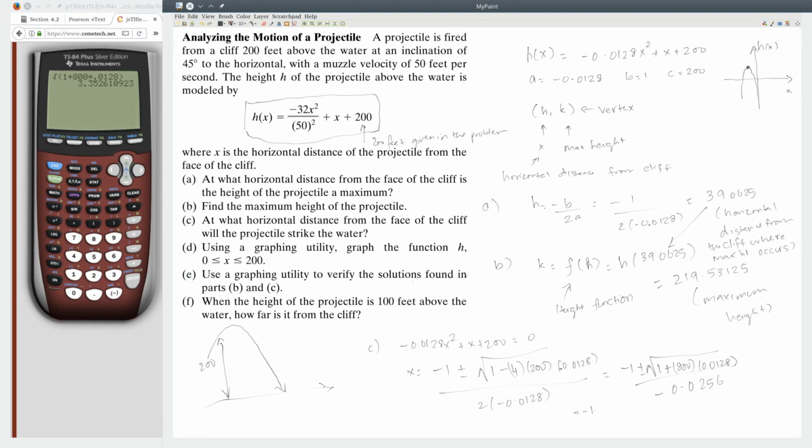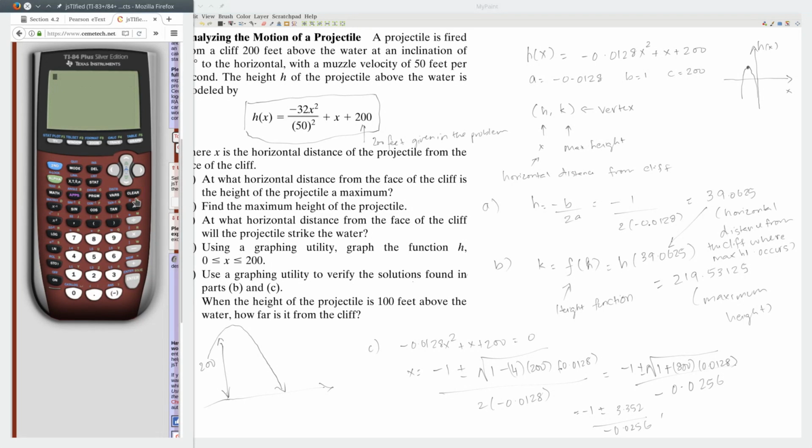So we have minus 1 plus or minus 3.352 over minus 0.0256. We have two solutions: minus 1 minus 3.352 divided by minus 0.0256. That gives us 170.